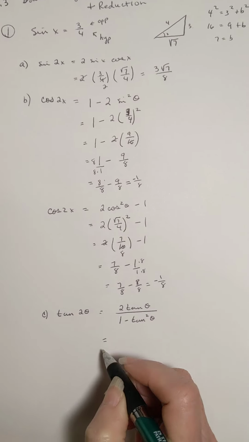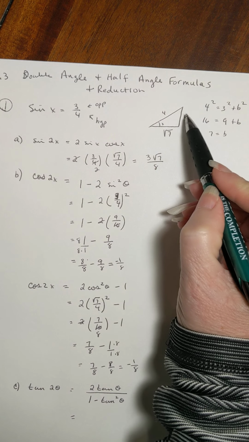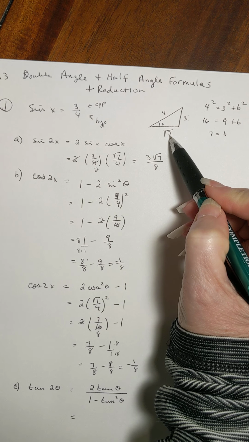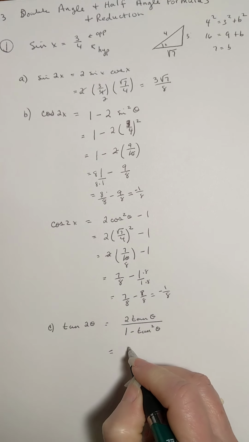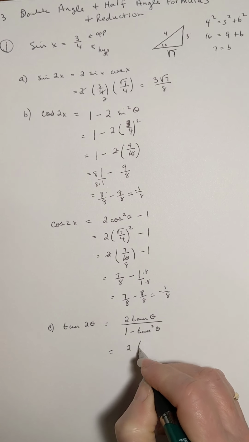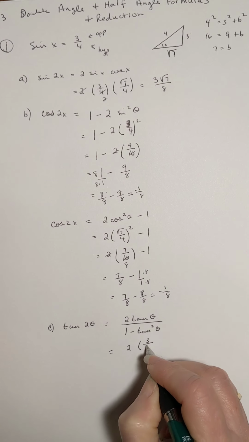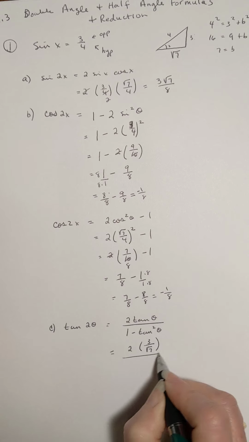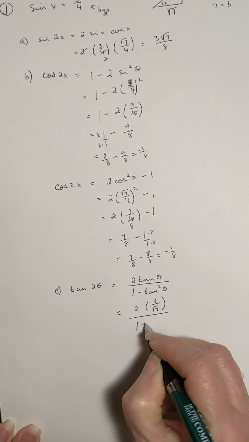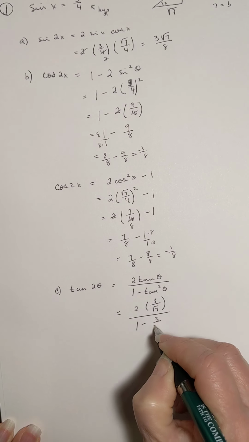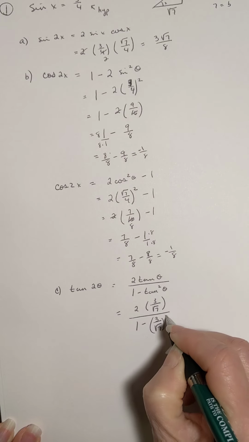And so this would be equal to, the tangent of theta would be opposite over adjacent. So that would be 3 over the square root of 7 divided by 1 minus 3 over the square root of 7 squared.